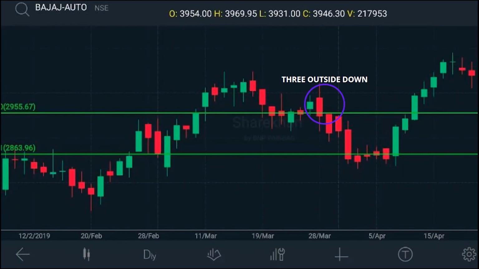The candles marked in the circle are a 3 outside down pattern, after which 3 more bearish candles are formed. The gap between the two lines shows that there is a reduction in the price to the extent of 200 points approximately.